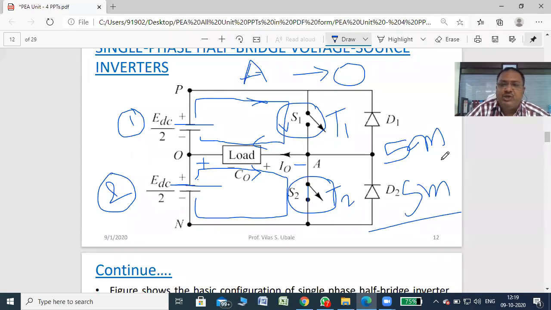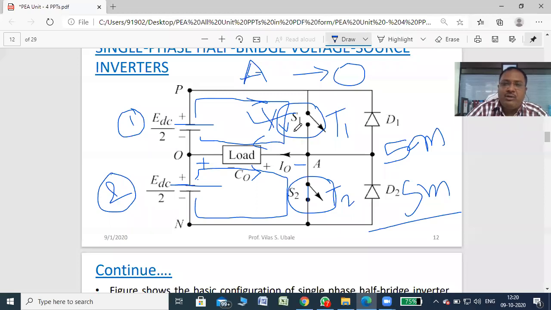So we can easily change the on time of S1 and S2 by providing the gate signal, removing the gate signal, providing the base signal, or removing the base signal. So the gating circuit is most important here, because according to the required frequency, we turn on and turn off these switches alternately and get a variable frequency.